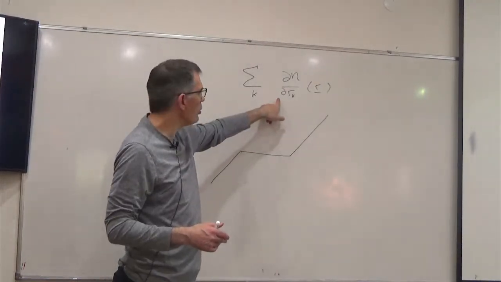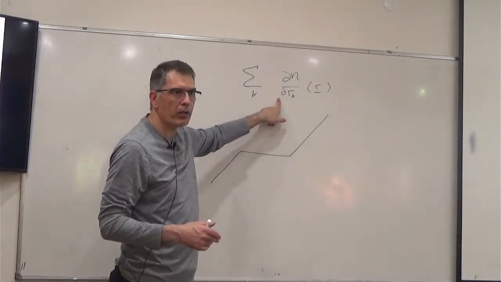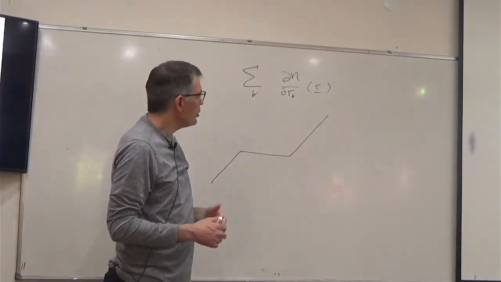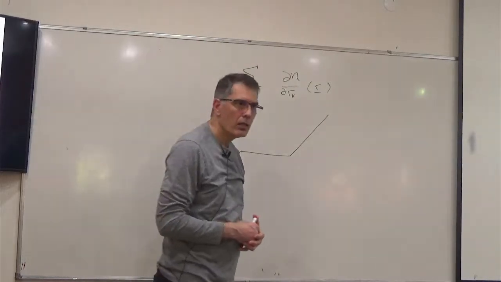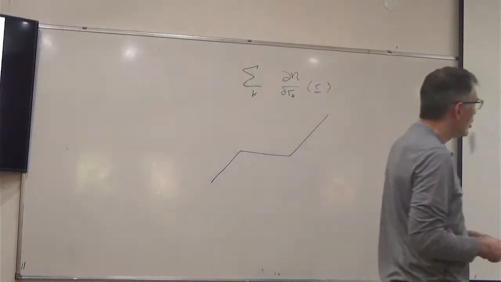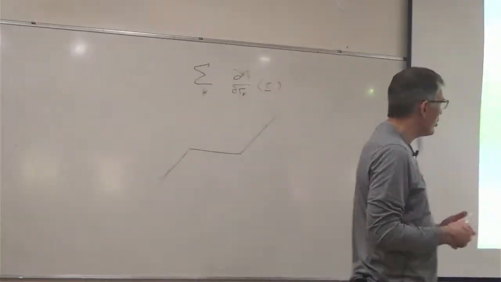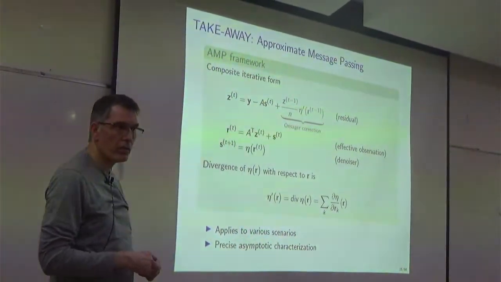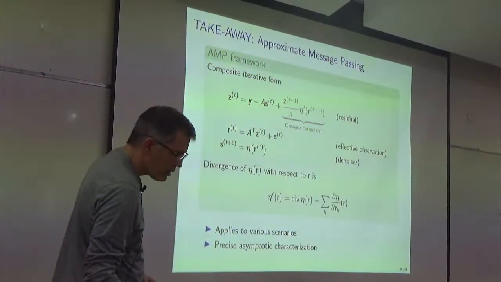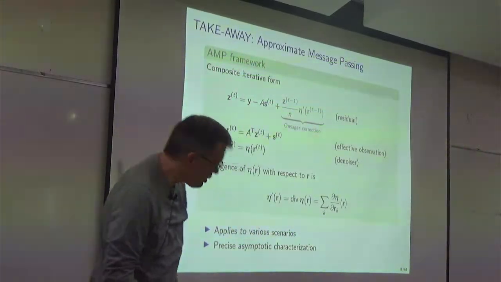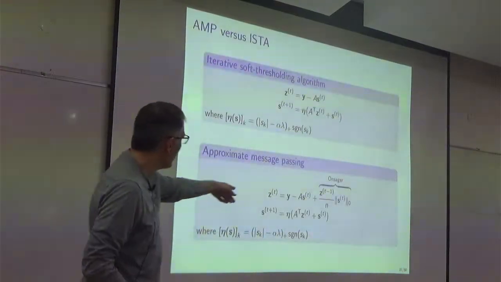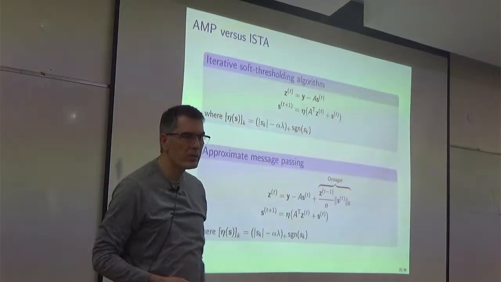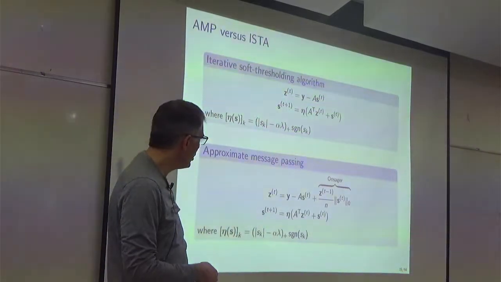So when you're looking at this and you're summing over all the components of your vector, it's going to be related to the number of entries that are non-zero in your vector. So this is where this comes from. It comes from counting the number of non-zero entries in your vector.